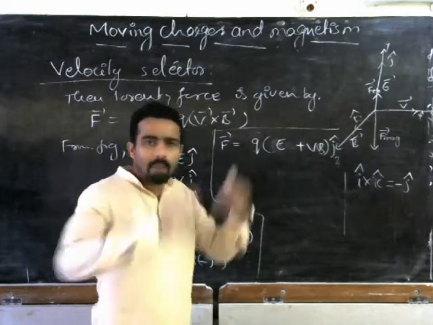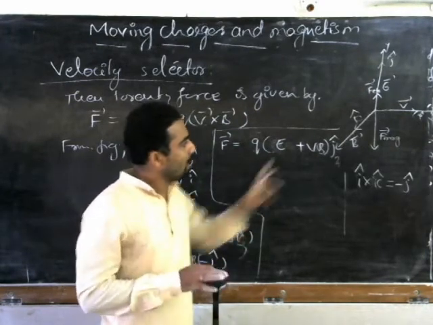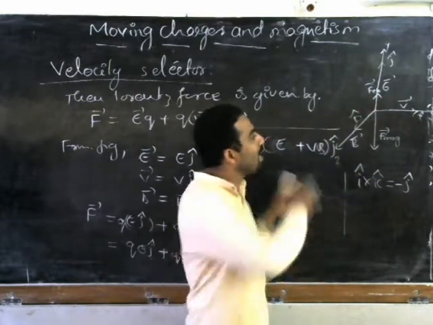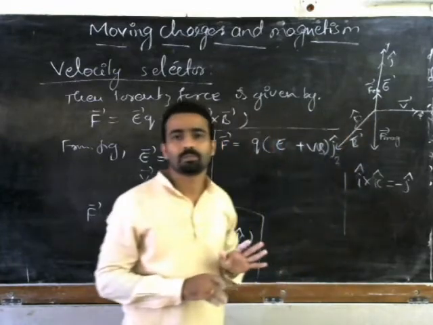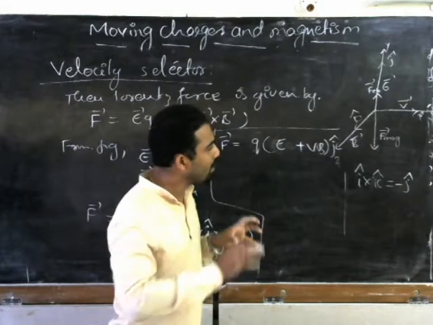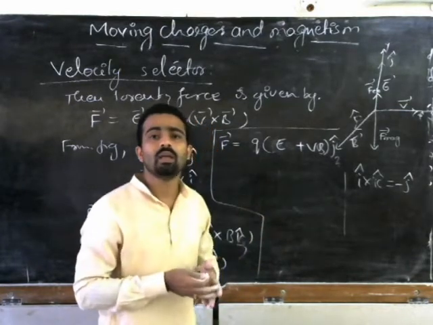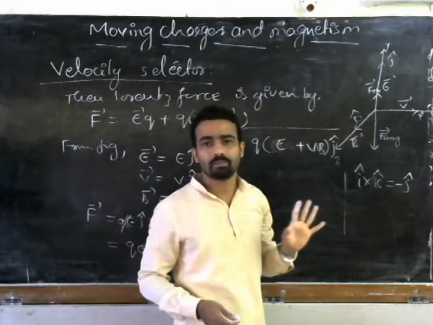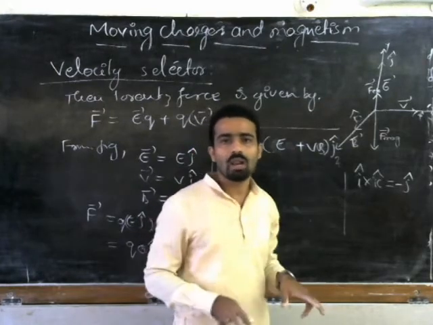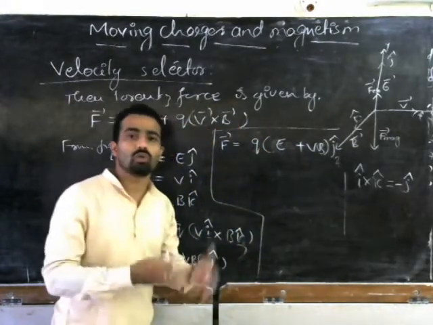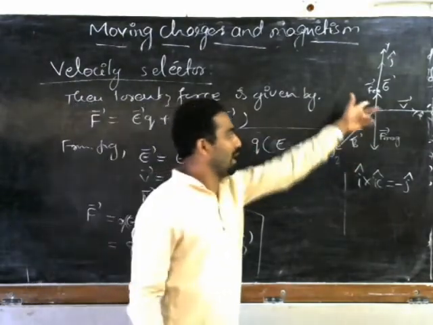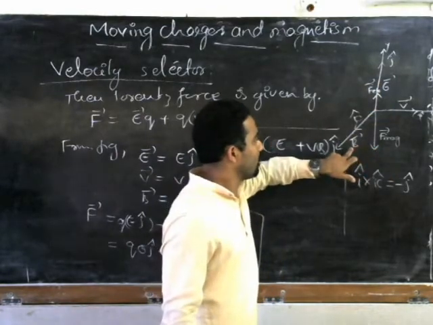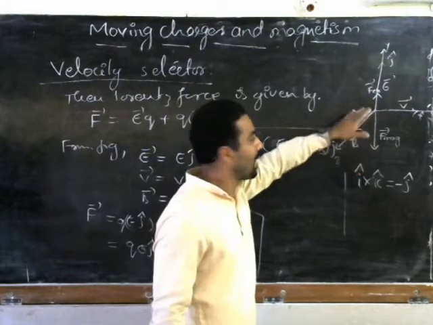If we are able to make the force due to the magnetic field equal to the force due to the electric field by varying this electric and magnetic field, then these two forces are equal.